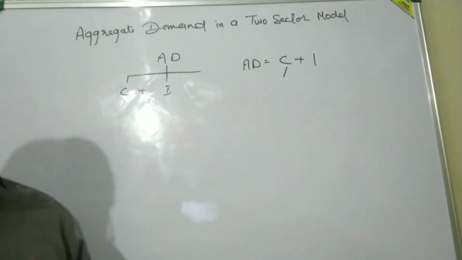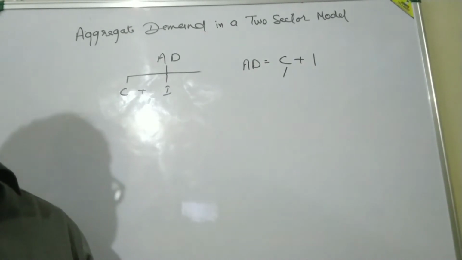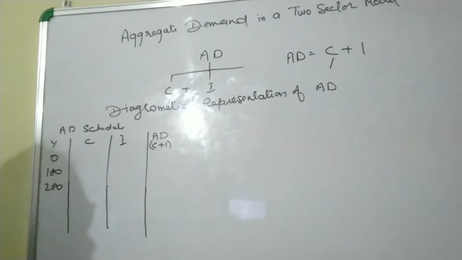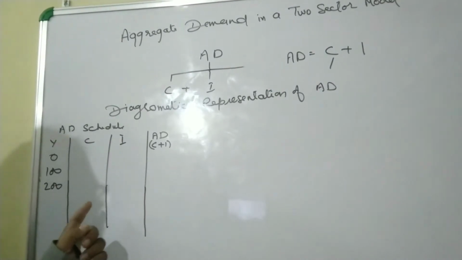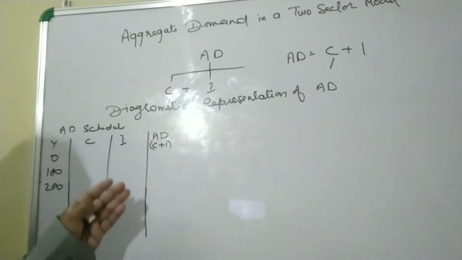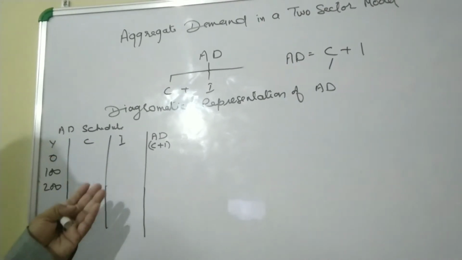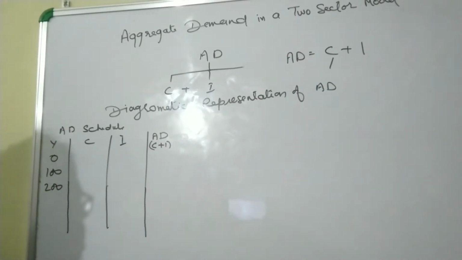Now let us see diagrammatically what is AD and how it is to be represented. Here I am going to show you by a schedule how your AD is influenced by change in income and consumption and investment expenditures. So let us see.